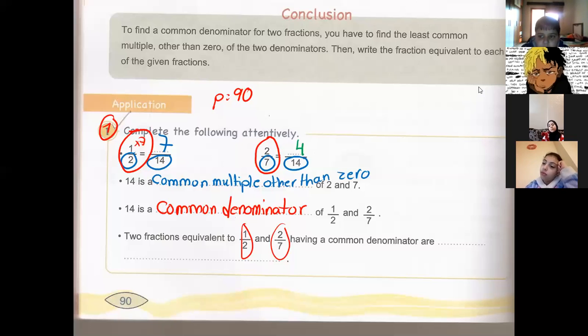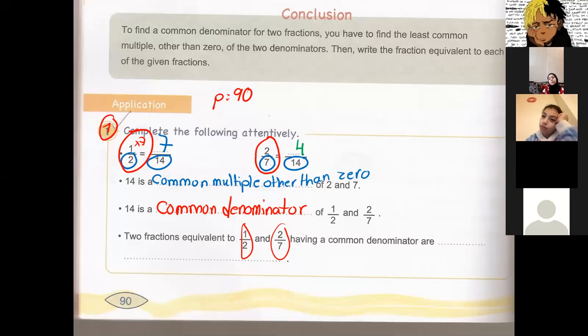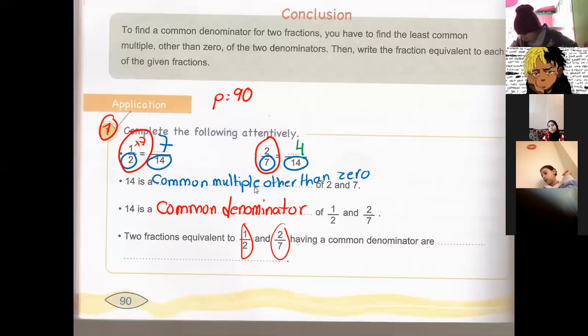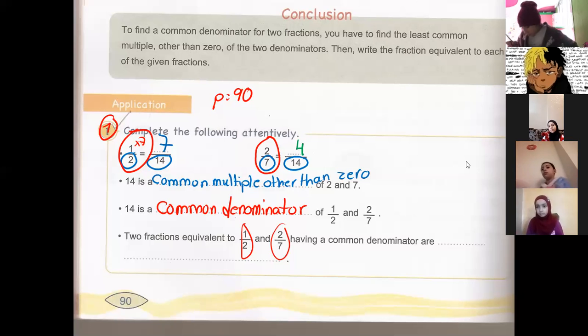Hussein, give me two fractions equivalent to half and 2/7 from the first part. In 2 there is 14 and in 7 there is 7/14. 7/14 and what?